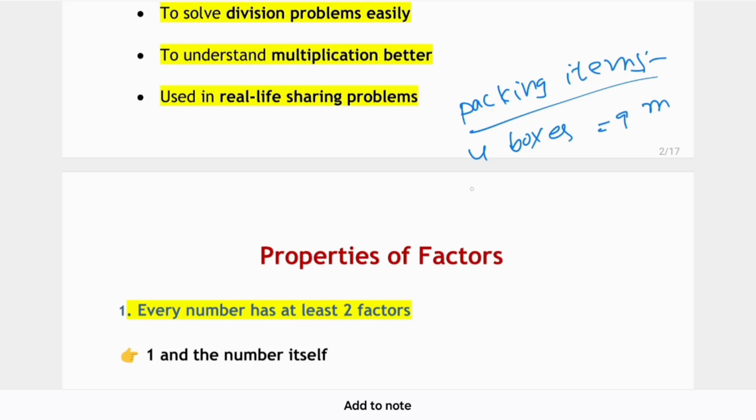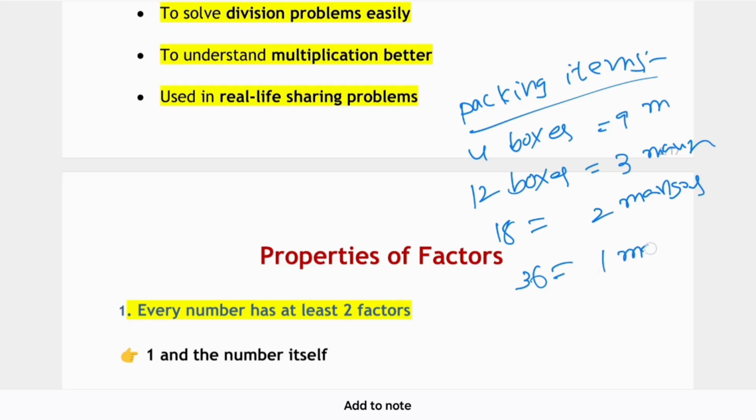If you want to arrange 12 boxes, then each one gets 3 mangoes. Or if you want to arrange in 18 boxes, then each one gets 2 mangoes in each box. Or if you want to arrange in 36 boxes, then each one gets 1 mango in each box.